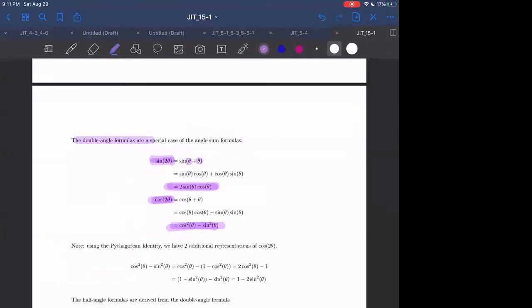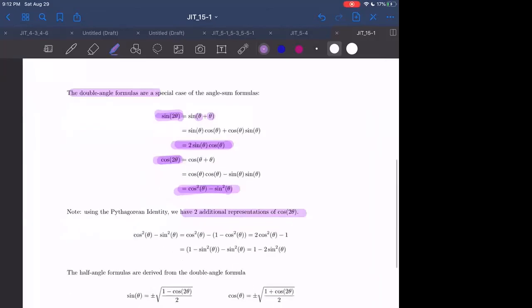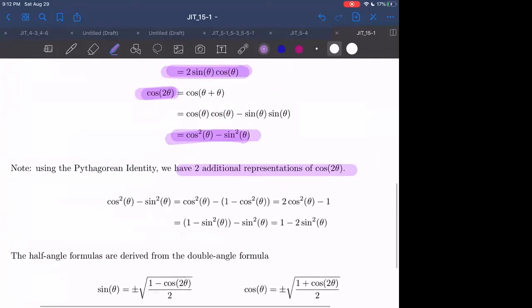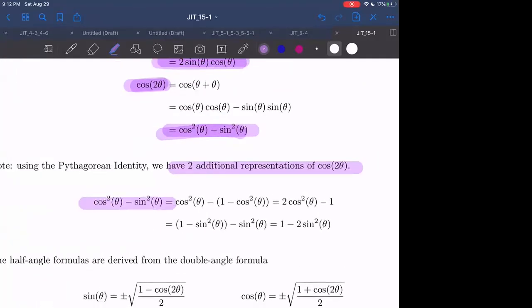Okay, now something interesting is if we use the Pythagorean identity, we can actually get two additional representations of cosine of 2 theta. So if we take cosine squared theta minus sine squared theta from up above, we can rewrite it using our Pythagorean identity, where we subtract that cosine over and rewrite sine in terms of cosine.